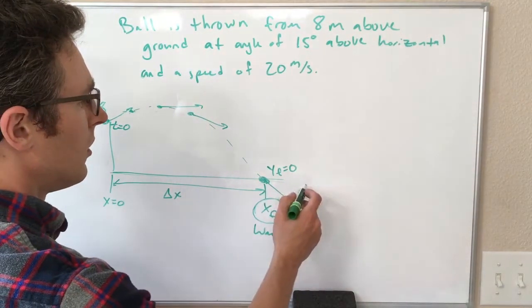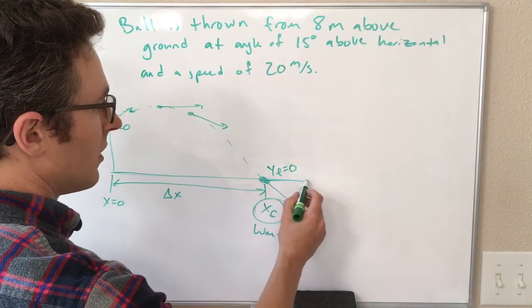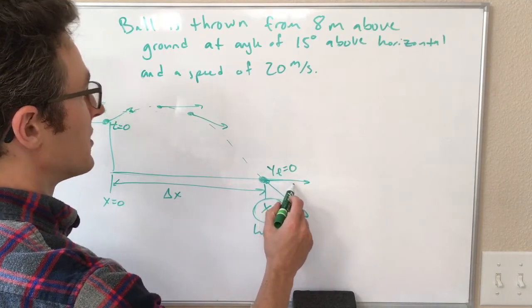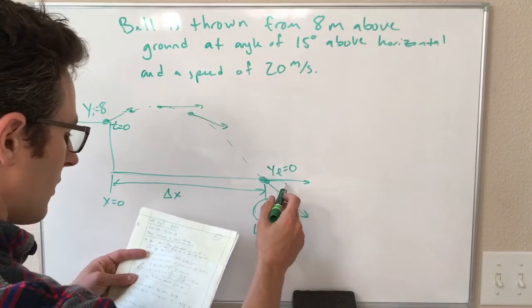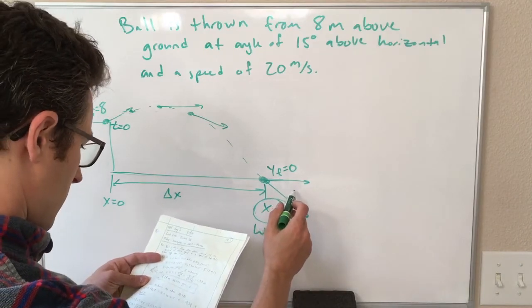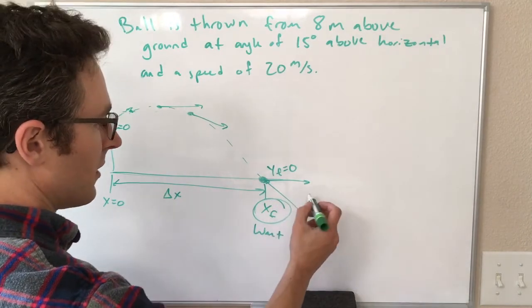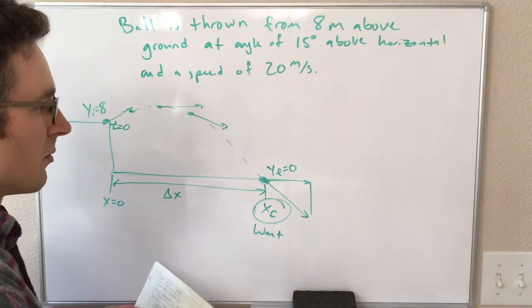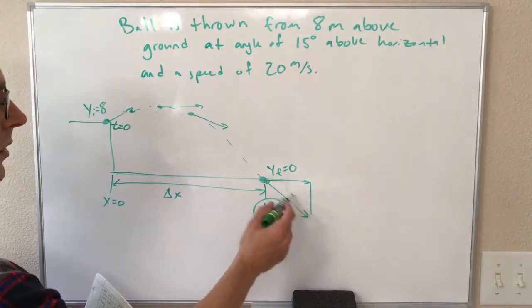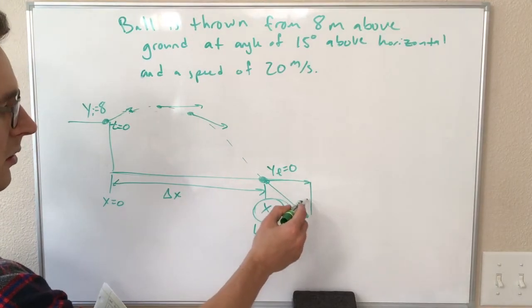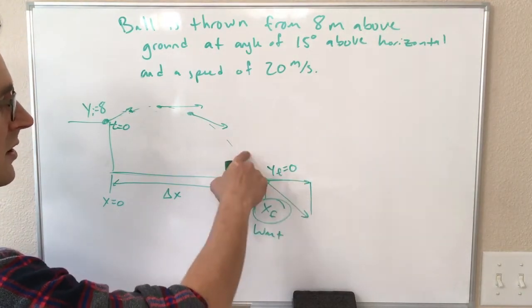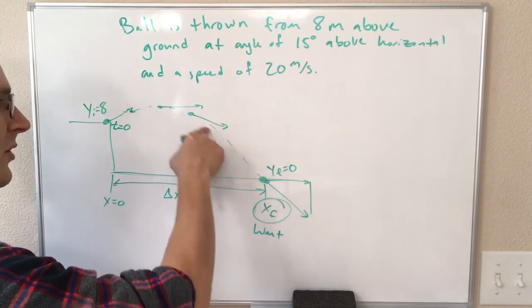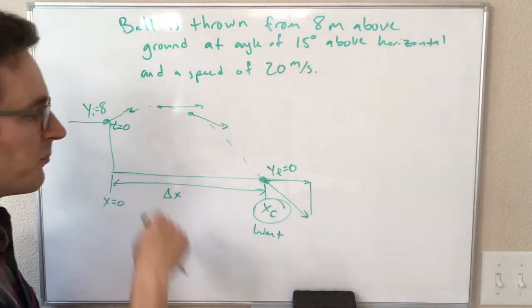And we know what one of those components is, right? We know what this x component is because that's staying the same. That's still our 19.3 meters per second. This one, we don't know, but we could plug some numbers in and find out. We know it would be bigger, here it's a bigger downward y velocity than it is here, which is bigger than it is here, which is bigger than it is here, because here it's 0, right?